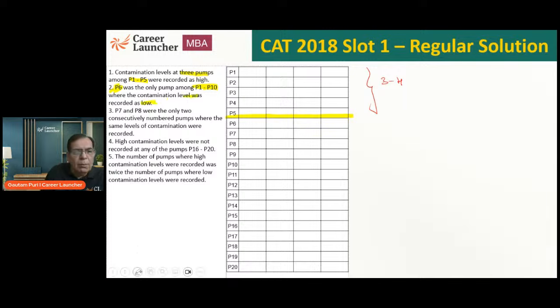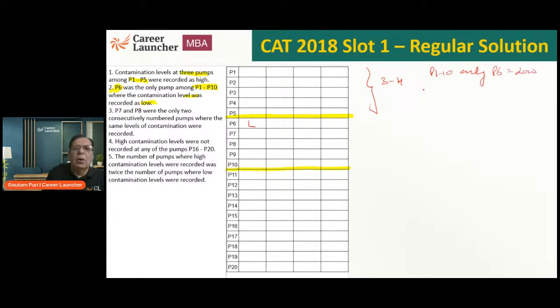So P6 is the only one which is low till P10. Only one pump is recorded as low. So I write it down here: P1 to P10, only P6 is low.